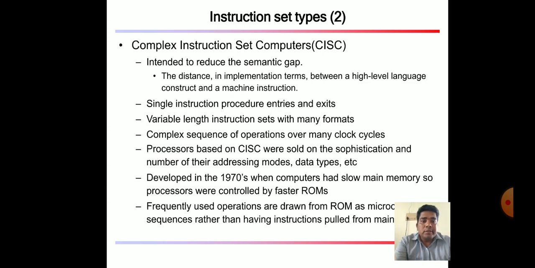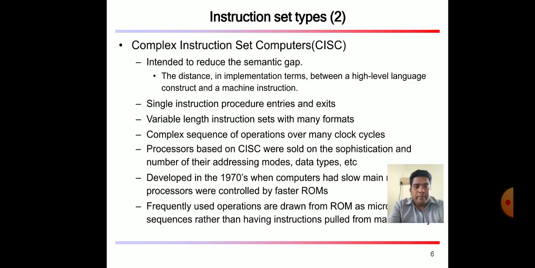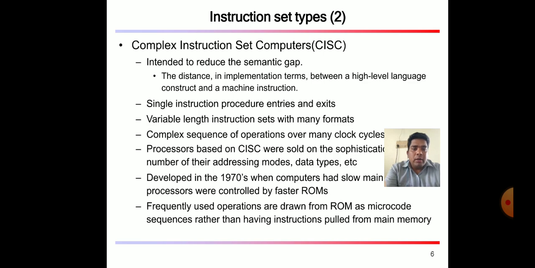The next one is CISC were sold on the sophistication and the number of their addressing modes, data types, etc. It was developed in the 1970s when computers had low main memory, so the processor was controlled by the faster ROM, and frequently used operations were drawn in the ROM's microcode sequences rather than having instructions fetched from the main memory. So here we can access memory through microcode sequences.